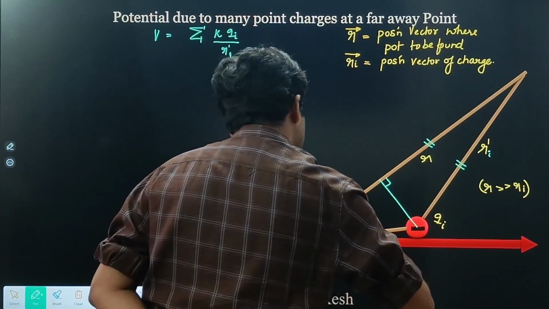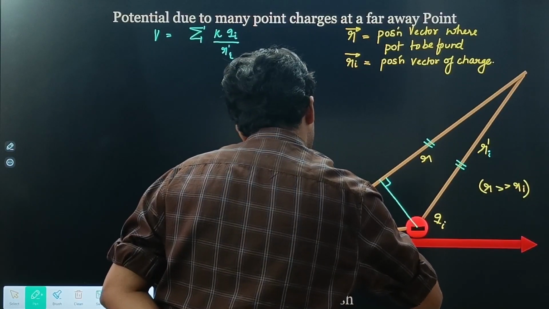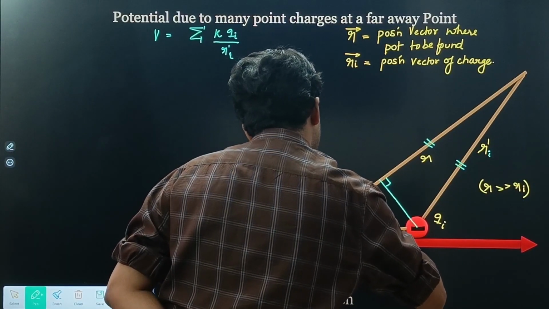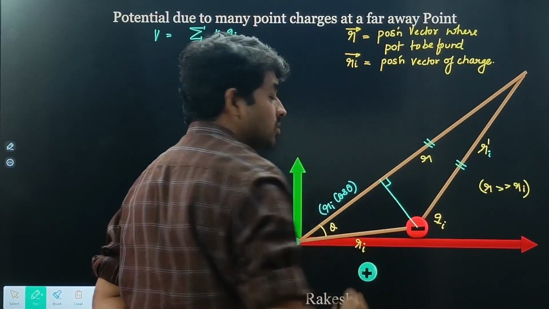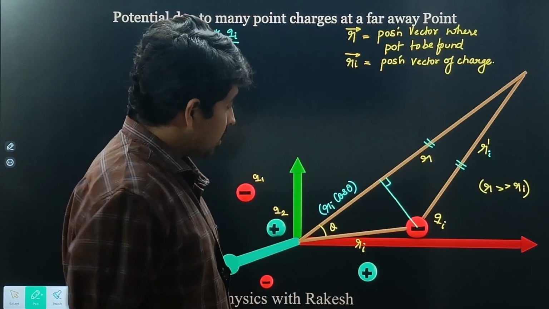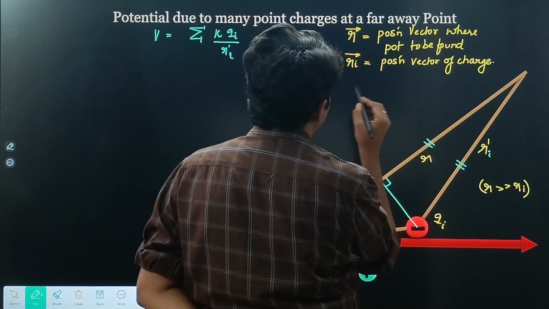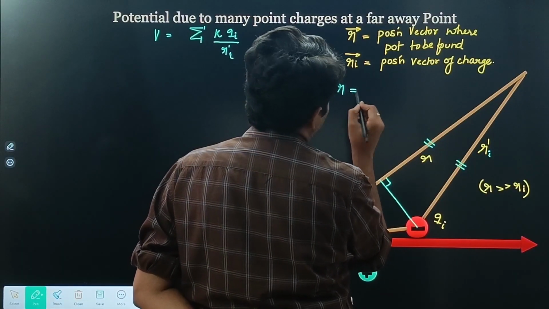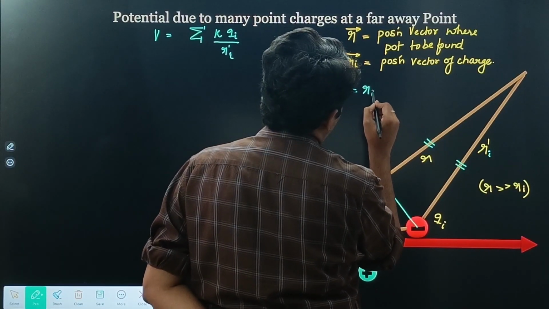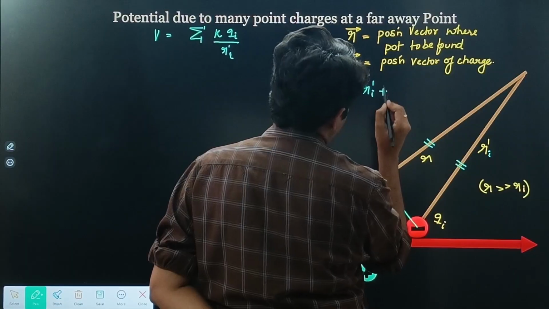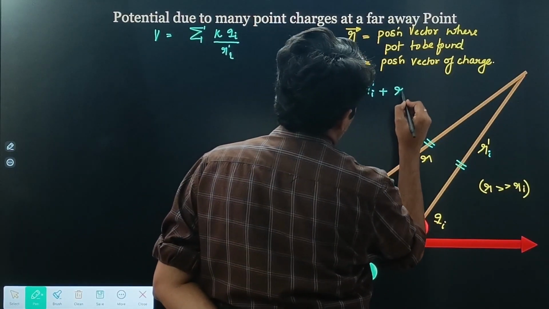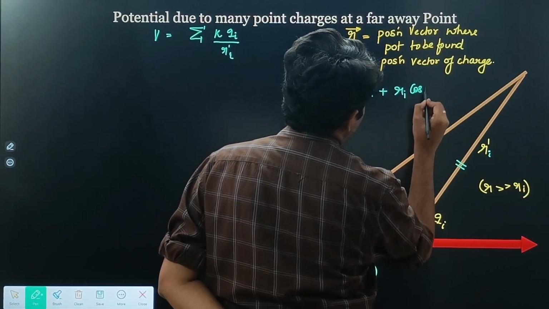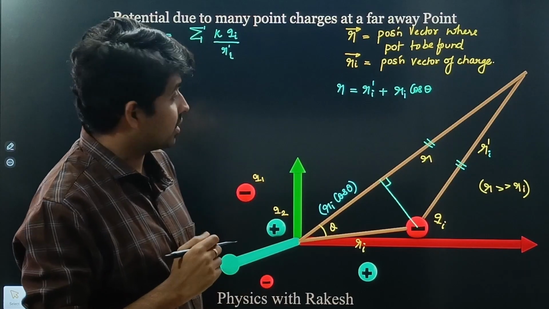So what is this? This is Ri cos theta. So what I can say is this R equal to Ri dash plus Ri cos theta. Directly I can write this.